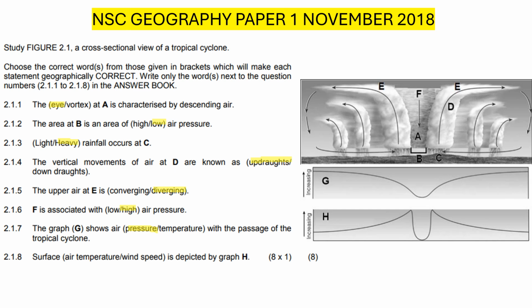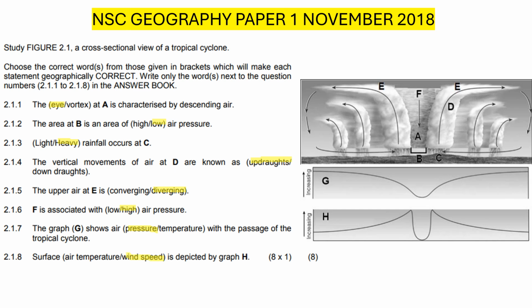There at the middle, you see there's a sudden drop in either temperature or wind speed, and then once you go beyond the eye, you find that factor again starts to decrease.